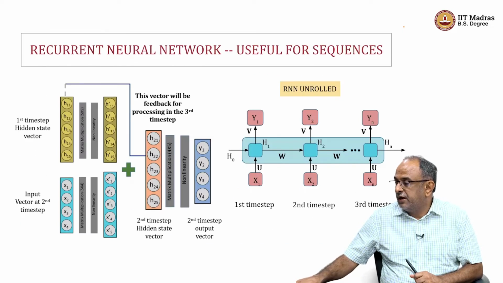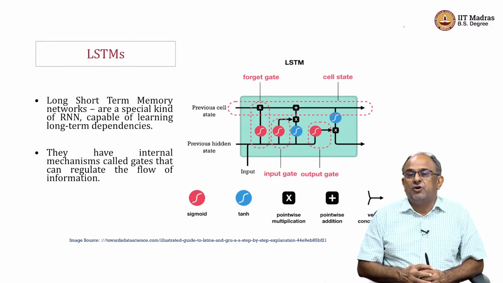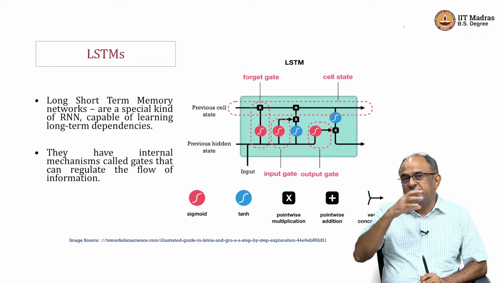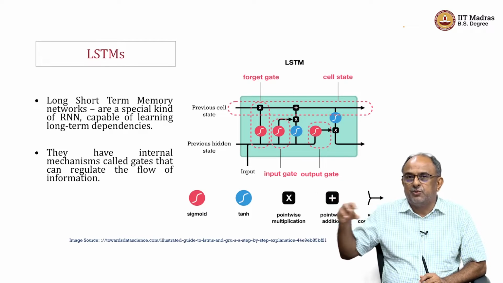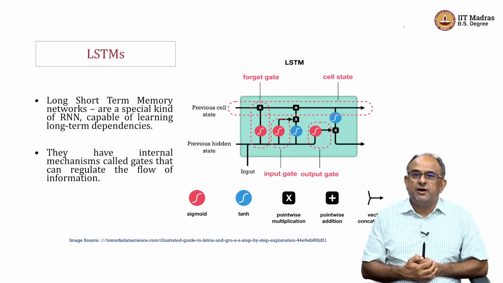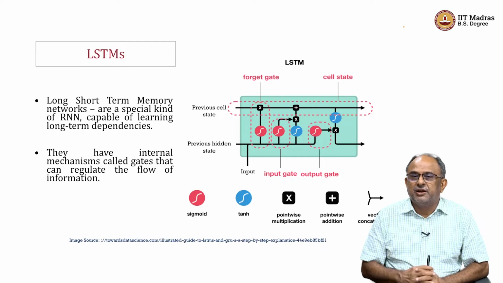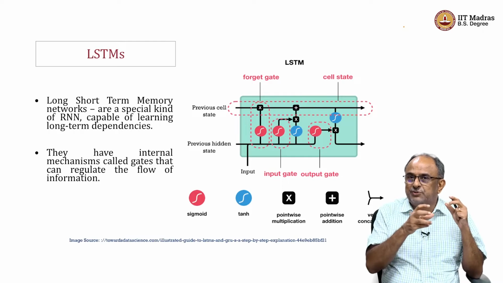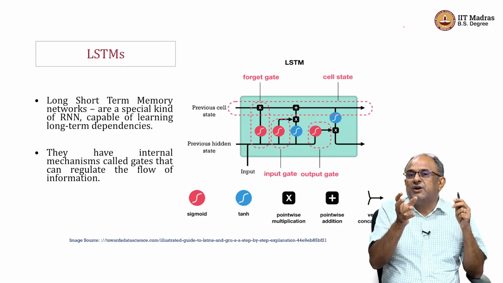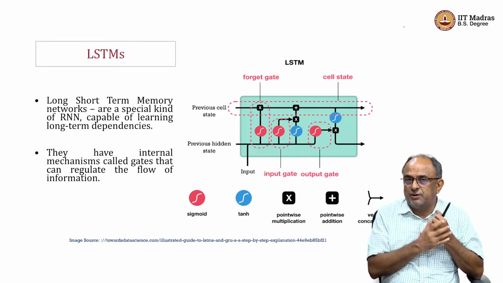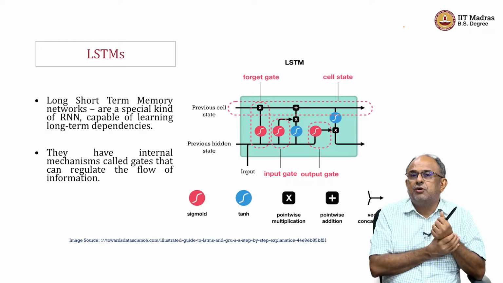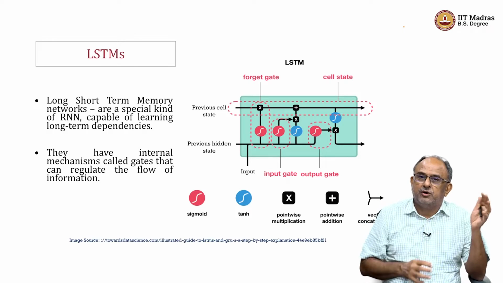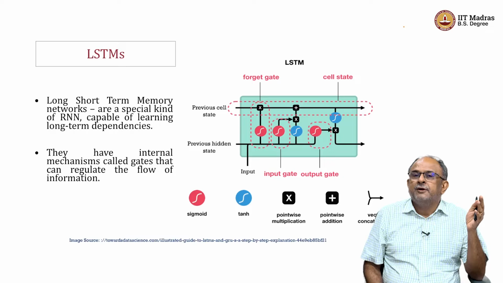I also mentioned the idea of LSTMs. The problem with recurrent neural networks is that there is some kind of decay as we go through the network. Therefore, you have the problem of vanishing gradient. If you recall, when you adjust weights, we need the derivative of the error with respect to the weights, the partial derivatives, and we use the chain rule to reach a weight that is quite deep inside.